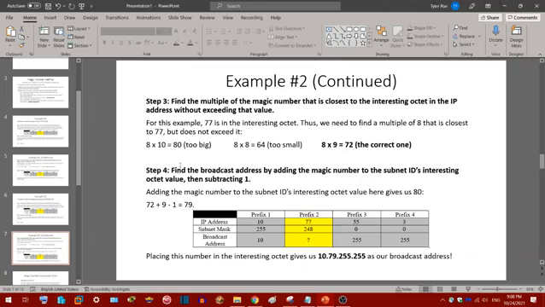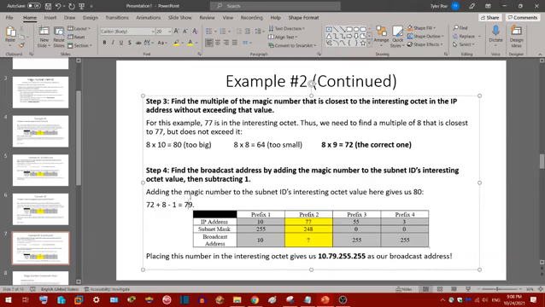The additional step we have here is to find the broadcast address by adding the magic number to the subnet ID's interesting octet value, then subtracting 1. Adding the magic number to the subnet ID's interesting octet value gives us 80. Sorry, that's a mistake, well, actually that is right, but you'd also need to subtract 1.